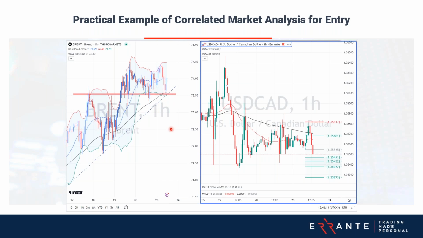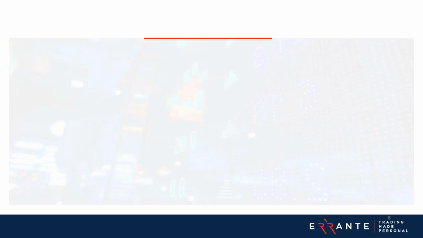So it would be a sign to exit your short USD CAD position before the CAD weakens. So this analysis shows how oil's uptrend signals strength in the Canadian dollar, making a USD CAD short a high probability trade.